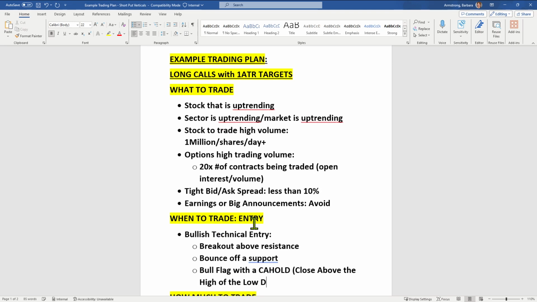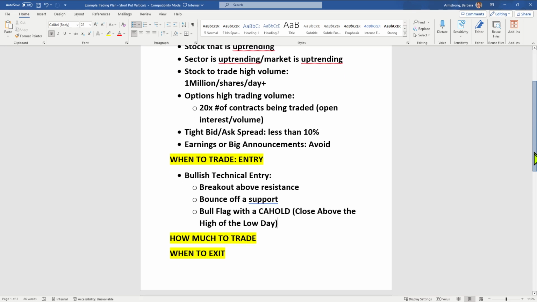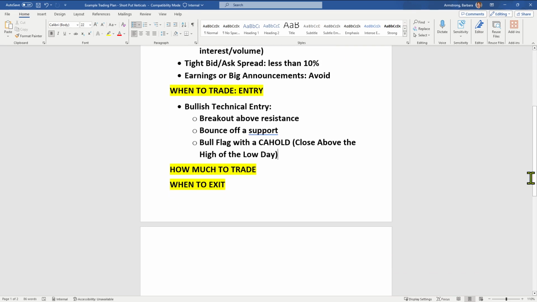So this is not an exclusive list, but it gives you a few ideas that you can start from. But we're basically looking for something that is uptrending and that has just bounced off a support level or broken out above resistance.